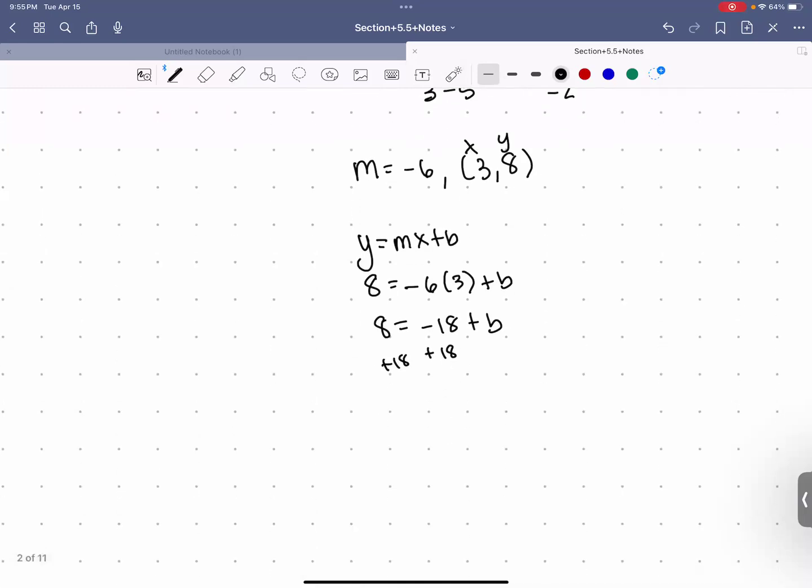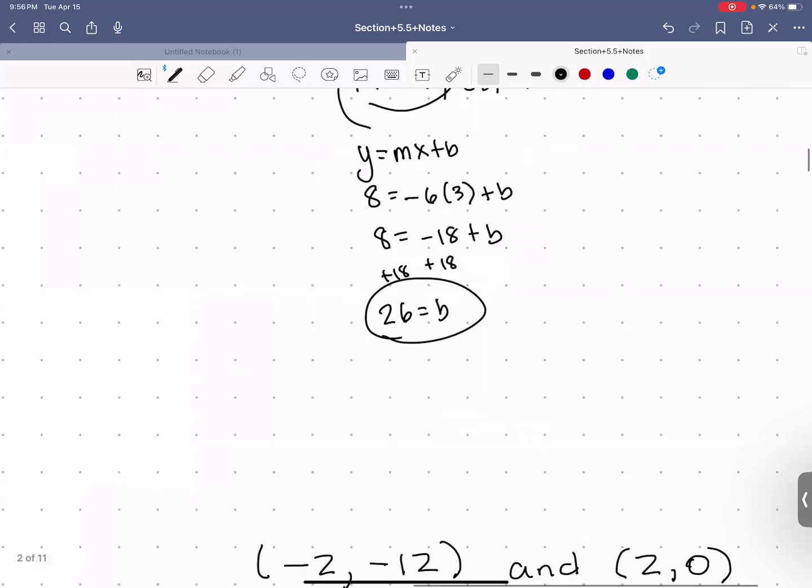When we do, we should get what, 26? So we get 26 is equal to b. And so now that we have that, we have our m value because we found that at the beginning. We have found the b value for our y-intercept. So our equation will be y equals -6x plus 26.